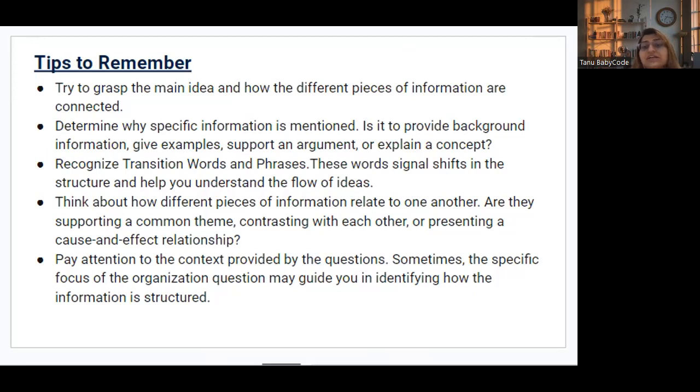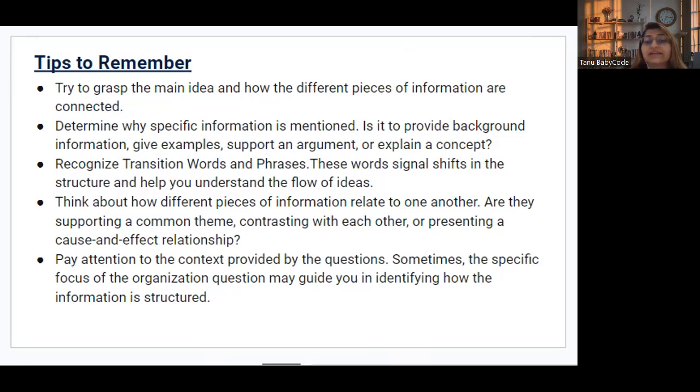These words signal shifts in structure, how the talk shifts from one statement to another, and help you better understand the flow of ideas. Think about how different pieces of information relate to one another. Are they supporting a common theme? Are they contrasting with each other? Or are they presenting a cause and effect relationship? So think about different pieces of information so that you can get your main idea here.